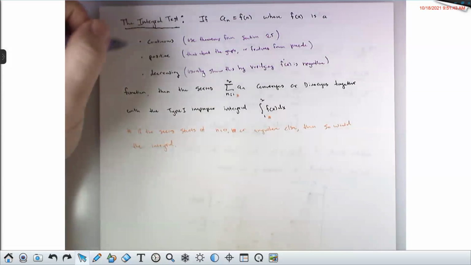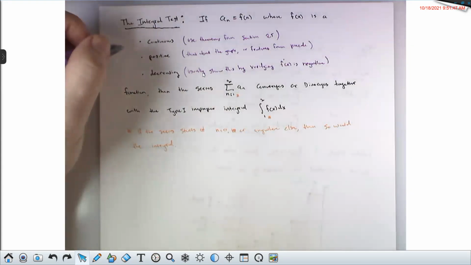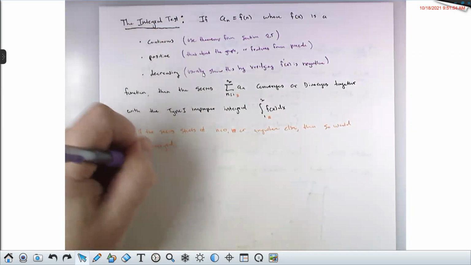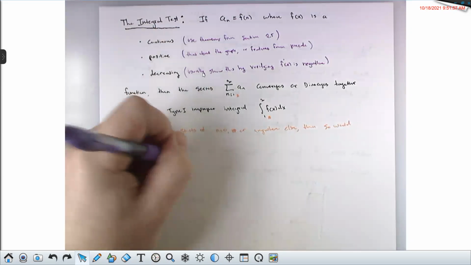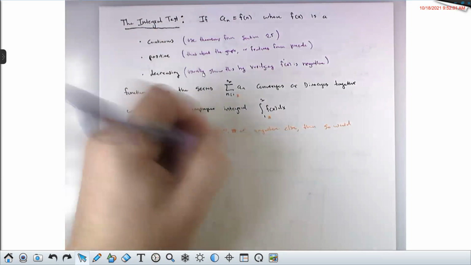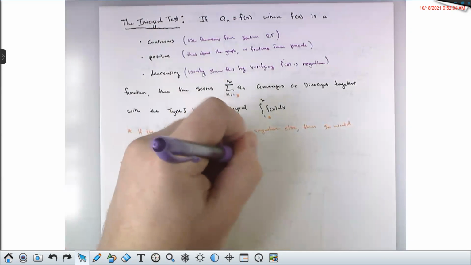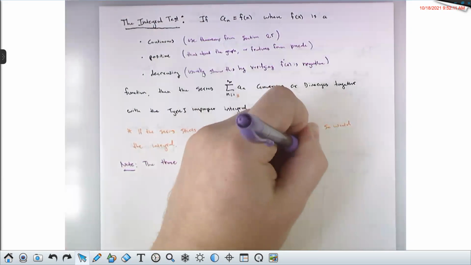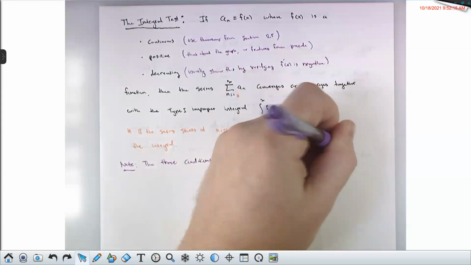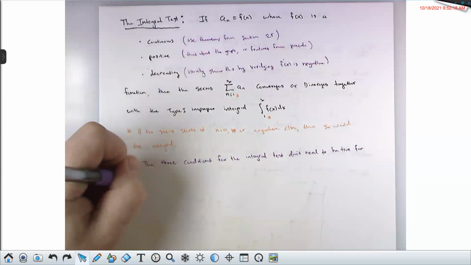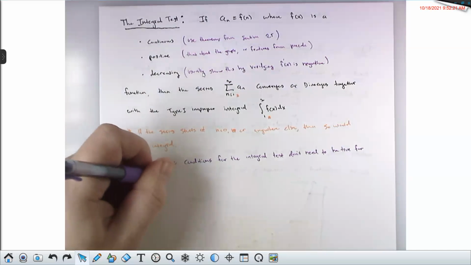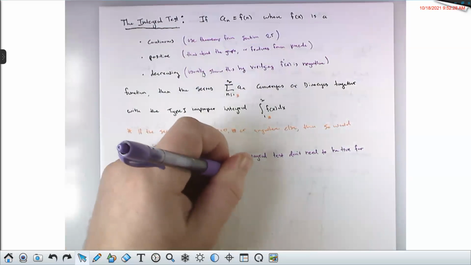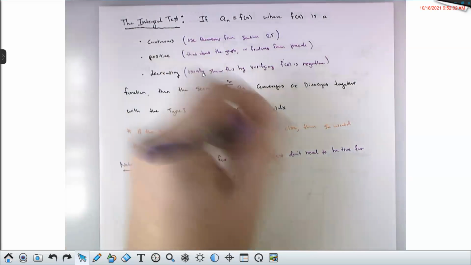All right, and one more little comment here. The three conditions for the integral test don't need to be true for all x values, or even all x values in the domain of integration.